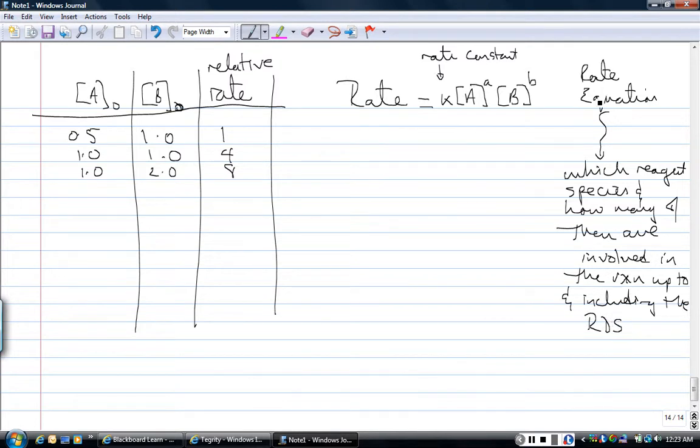So the rate equation tells us which reagent species, A and B, and how many of them, 1 A, 2 A, whatever, are involved in the reaction up to and including the rate determining step.